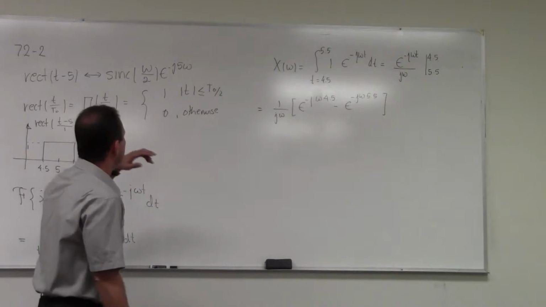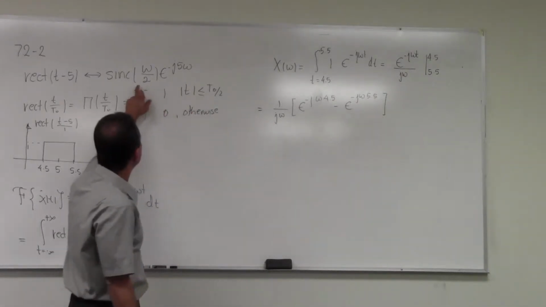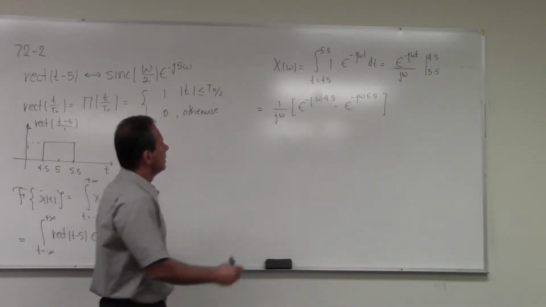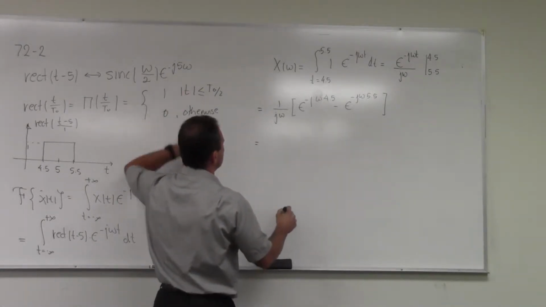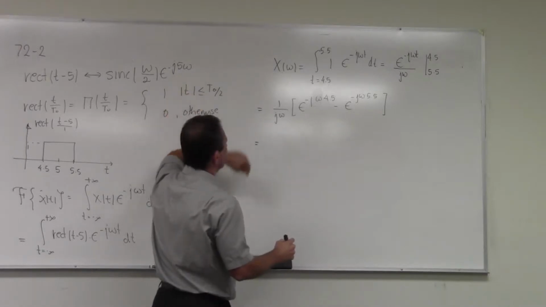And now the trick is, can I make this fit this particular form? Well, let me see what I can do first. I can take the e to the minus j 5 omega outside.